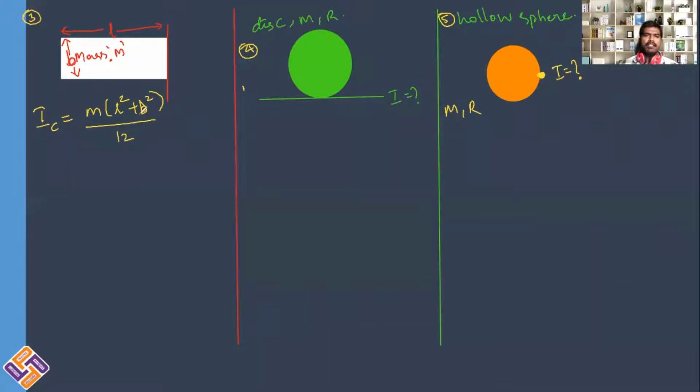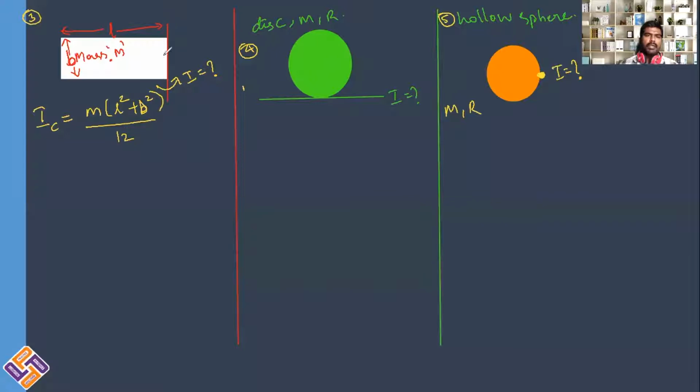This is what we have already seen in yesterday's examples. So the moment of inertia of a rectangular plate about the center axis will be m (L square plus B square) divided by 12. Now I want to calculate the moment of inertia with respect to this axis, which is about one end.